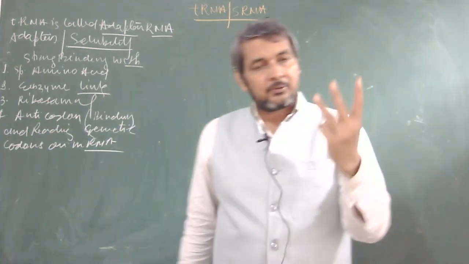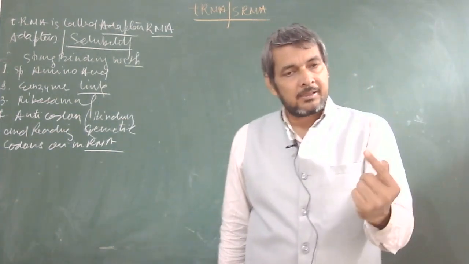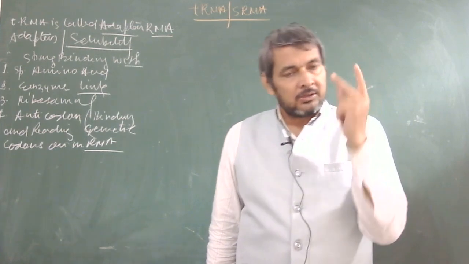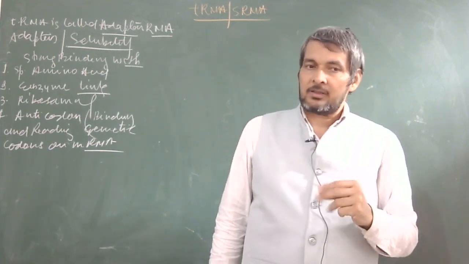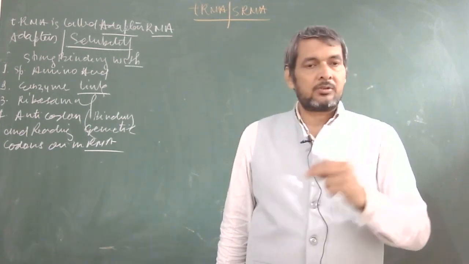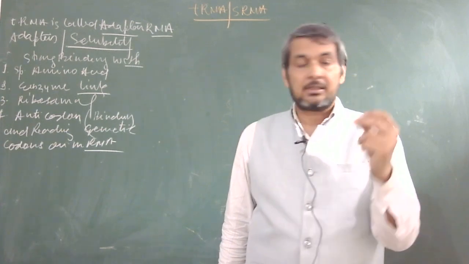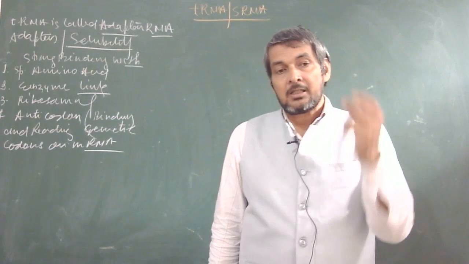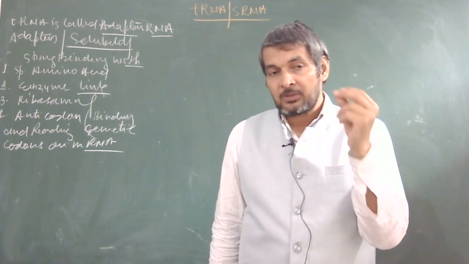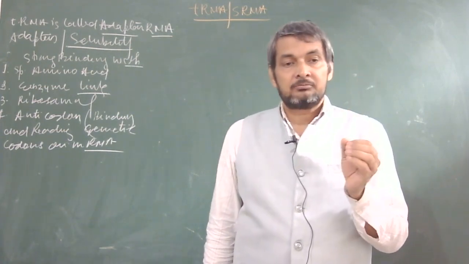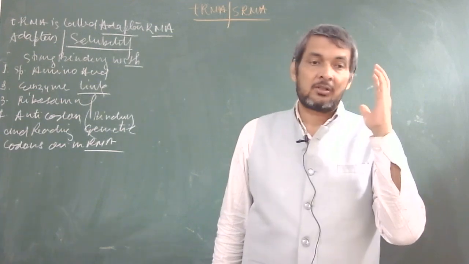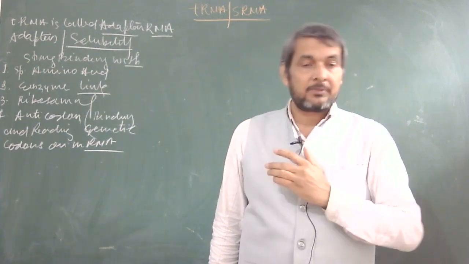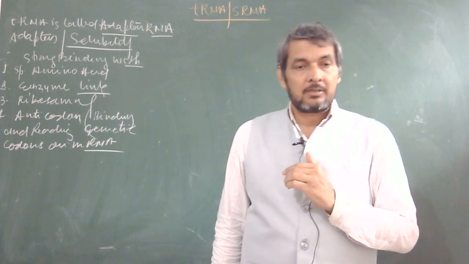Transfer RNA has the capacity to bind with the ribosome, with a specific amino acid, and with enzymes. They are very important for the translatory mechanism, and are very specific in binding with the genetic code present on the mRNA, and that end of tRNA is known as the anticodon end.